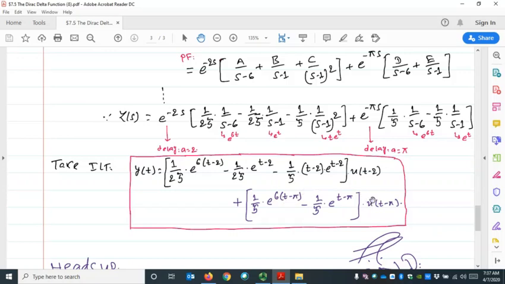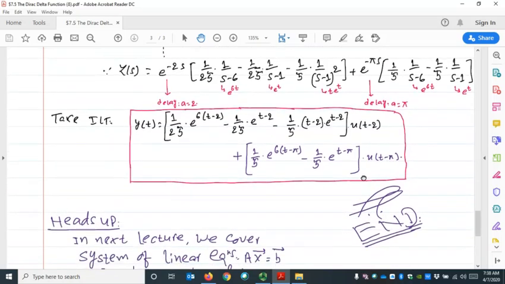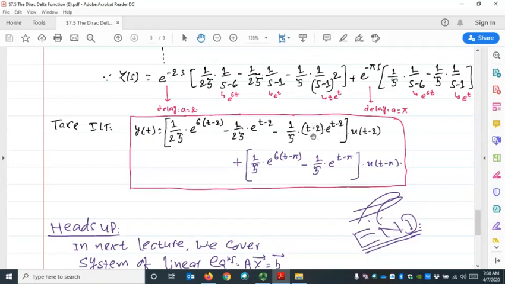Similarly, negative 1/5 the inverse Laplace transform of 1 over s minus 1 is e to the t, delayed by pi. So negative 1/5 e to the power t minus pi multiplied by unit step function little u of t minus pi. I factor out. Great. I hope this makes sense here.